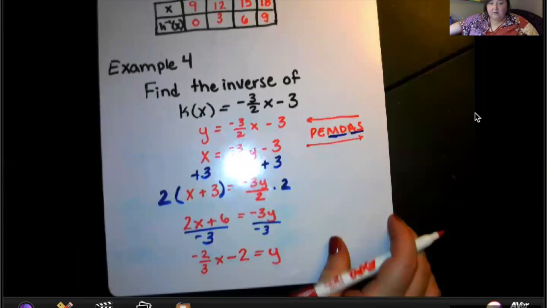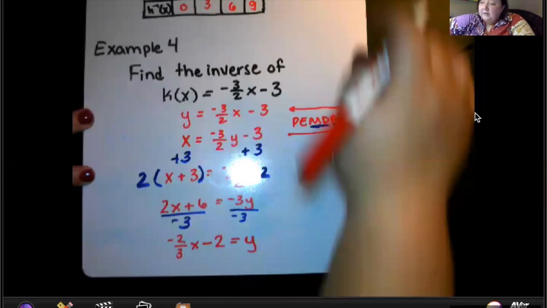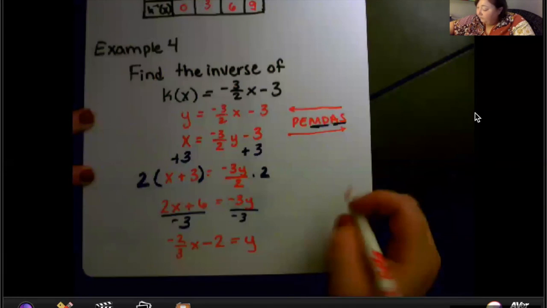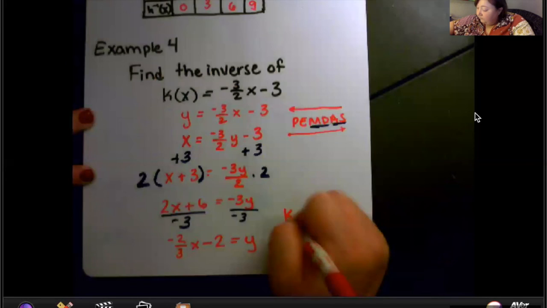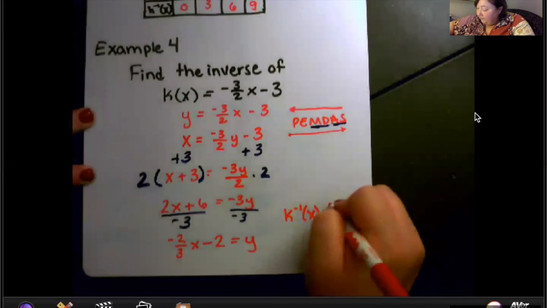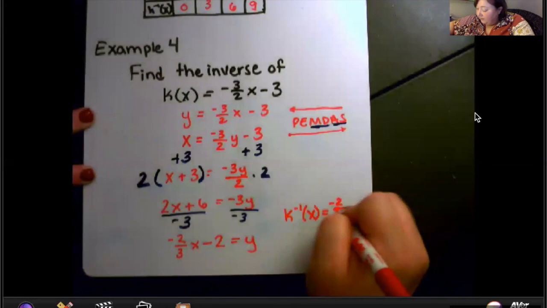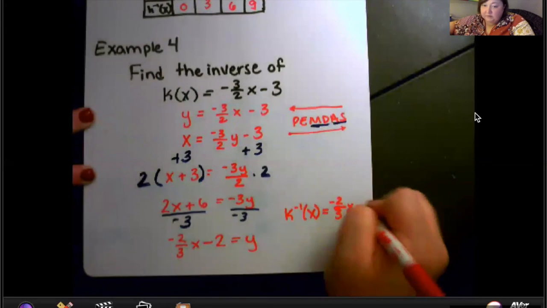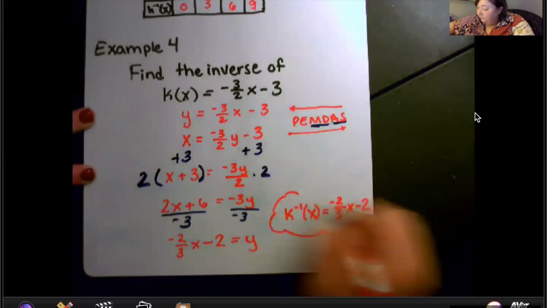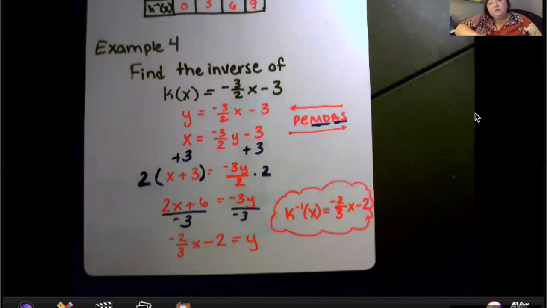So now our k inverse of x is -2/3 x minus 2. Really with inverses, you just need to understand that you're going to switch your x and your y.